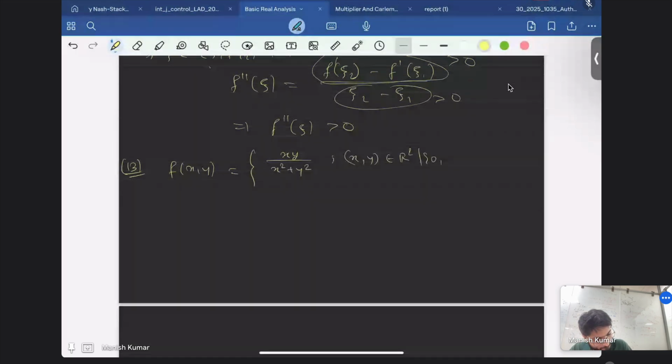Okay, so what can you say? Sir, it is not continuous at 0, so it is not differentiable, right? Yes. So it is not continuous at (0, 0), and hence it is not differentiable.